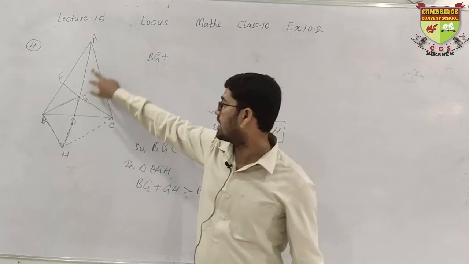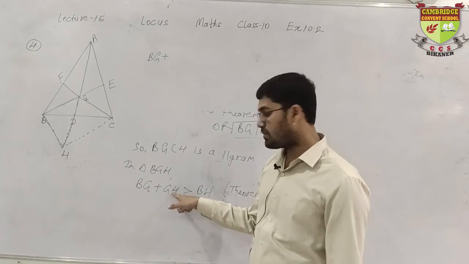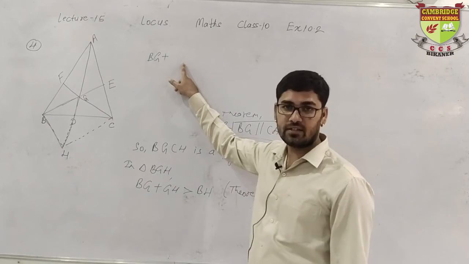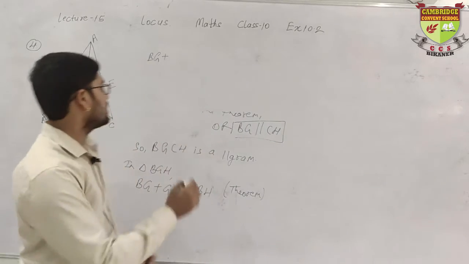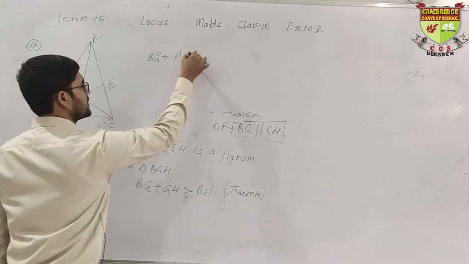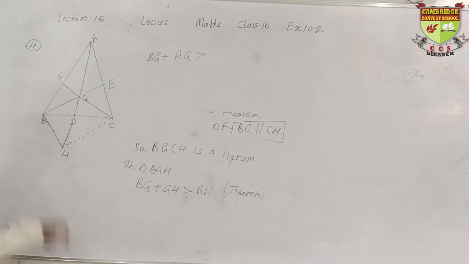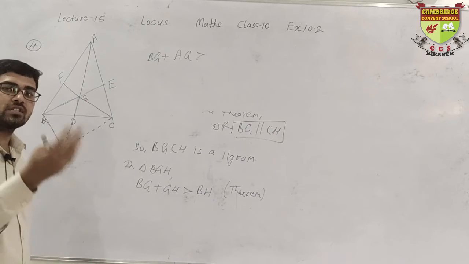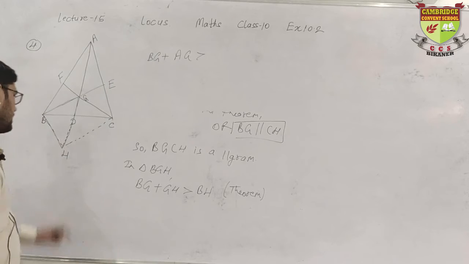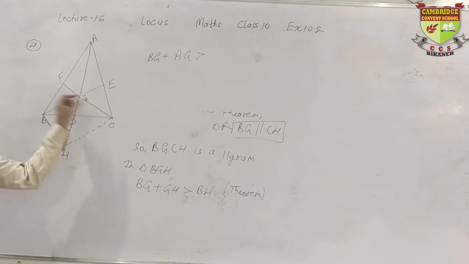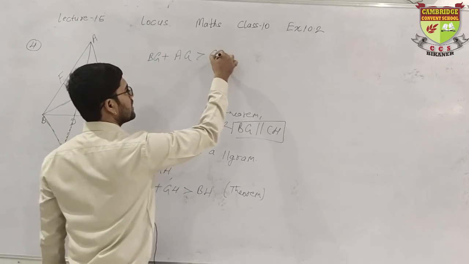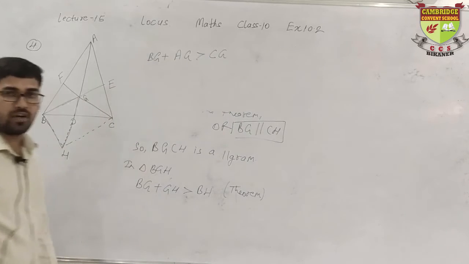Check in your copy. AG is equal to GH. So at the place of GH, what can I write? I can write AG, of course. So AG here. Then greater symbol, same here. What about BH? See, this is parallel to this and also equal to this, because in a parallelogram, opposite sides are equal and parallel as well. So at the place of BH, I can write CG. Fine.